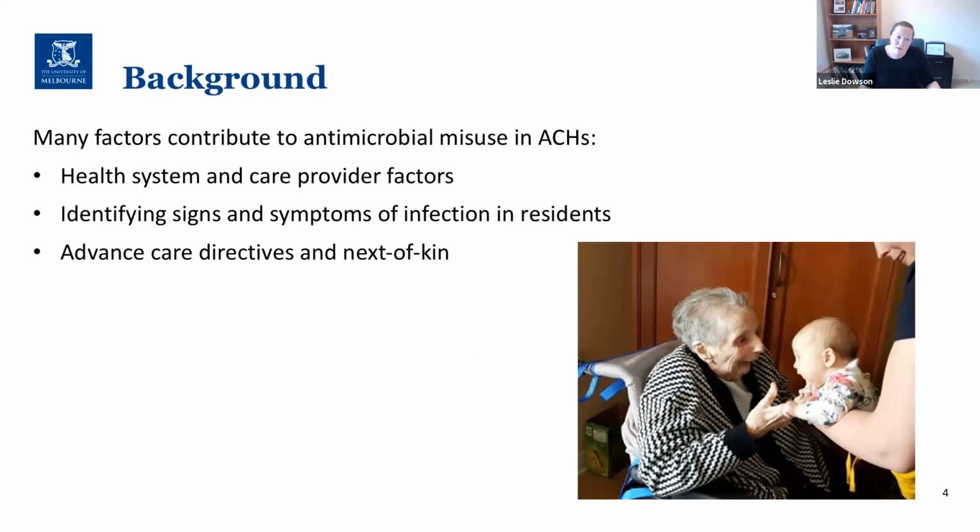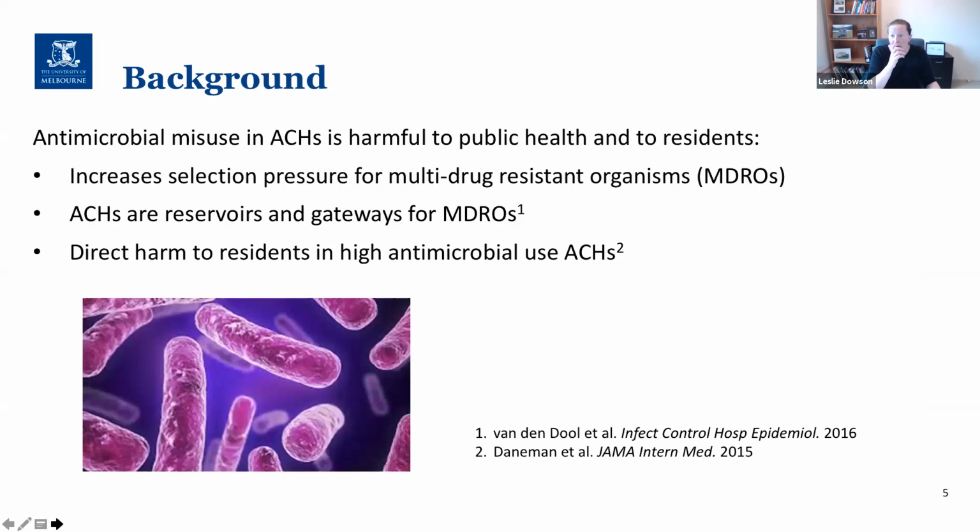It can be very difficult to identify the signs and symptoms of infection in residents. Older people and people with chronic comorbidities can have vague and atypical symptoms of infection. And then there are other factors that play into it, such as advanced care directives and next of kin and family wishes, which can often play a role in decisions to prescribe.